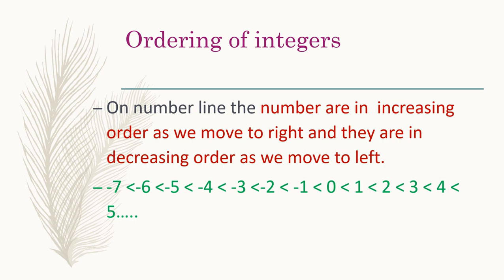As we are moving towards the right on the number line, that is from negative integers to positive integers, they are in increasing order. But if we move towards the left, then they are in decreasing order. Means minus 1 is greater than minus 2 and 3 is greater than minus 3. You can also see that all positive integers are greater than all negative integers.